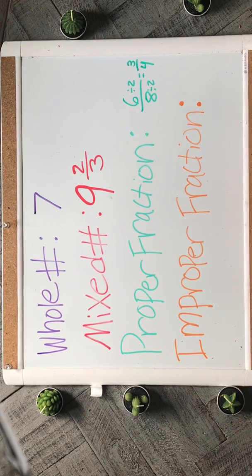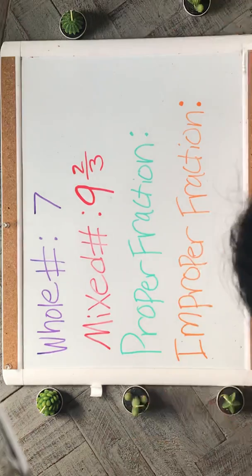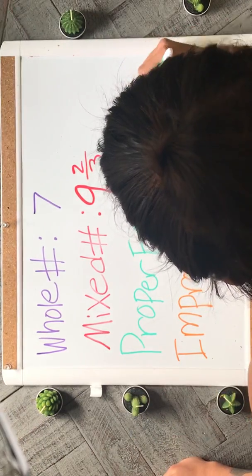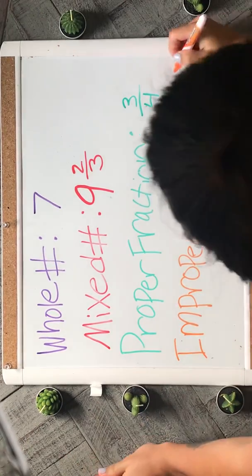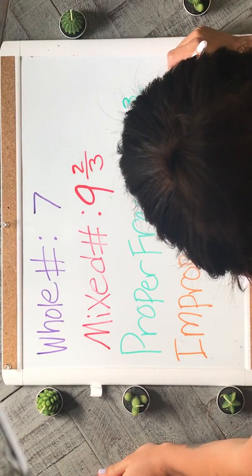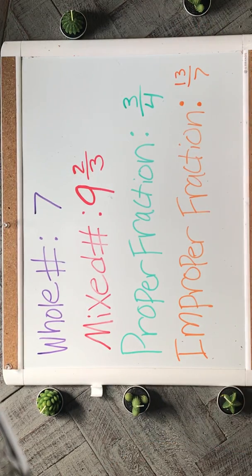Okay, 2 can divide into both of those, top and bottom. So let's go ahead and use that 3/4. Let's keep that 3/4 there. Okay, now an improper fraction. Let's say we have 13/7. Okay, that would be an improper fraction. So it's a really good idea to make sure you've got these down packed.